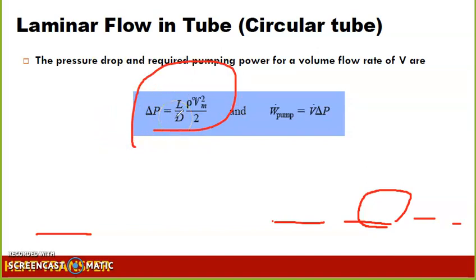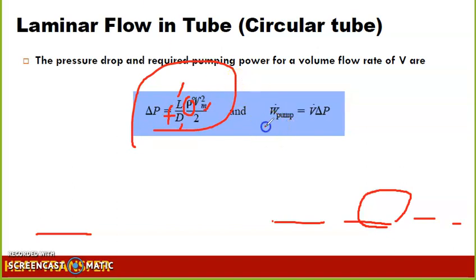We need to multiply this with the friction factor, F. We will look for the value of F, and it depends on whether the flow is laminar or turbulent, since there are different formulas for laminar and turbulent. But generally the formula looks like this: we have the length, the diameter, and then the density and the velocity squared divided by 2.